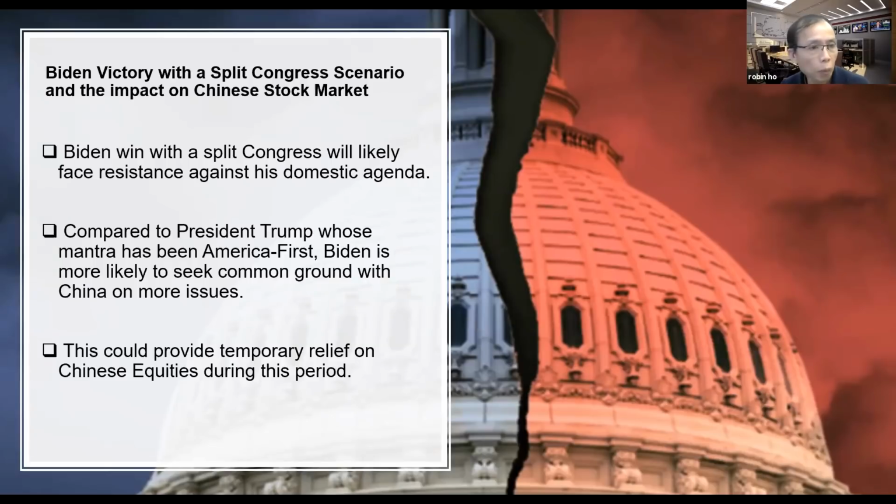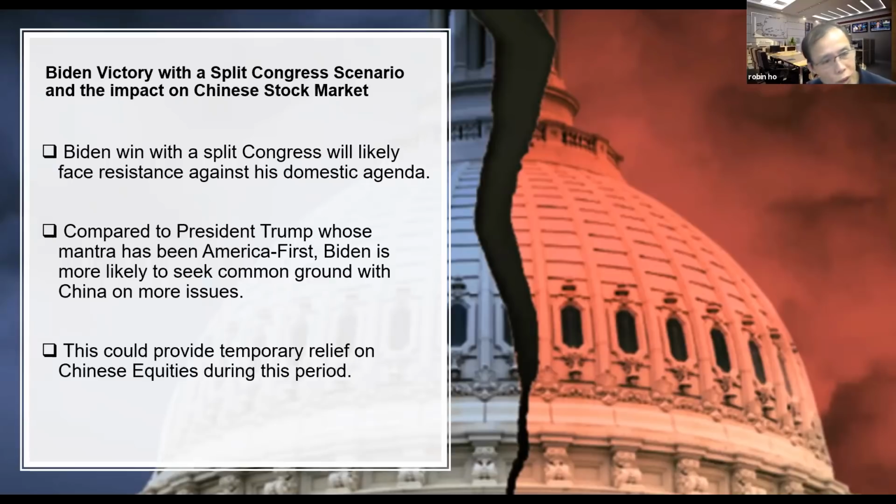Compared to President Donald Trump, whose mantra was America First, Biden is more likely to seek common ground with the world, and of course with China. Biden is likely to be more reconciliatory, more collaborating, and more consultative with his policy.